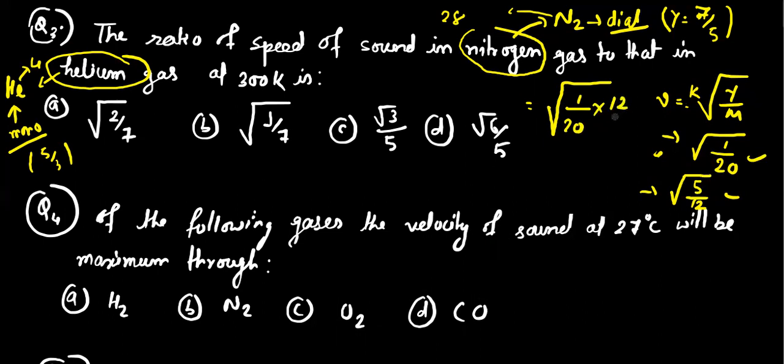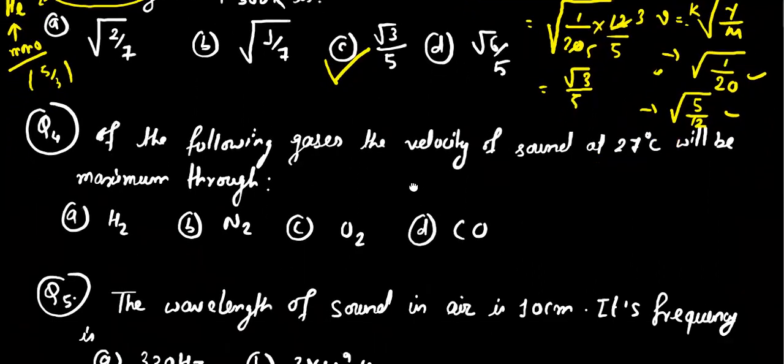So this will be 12 by 5, times 7 by 5... So the square root of 25 is 5, and here will be root 3. So the correct answer is option C. I think this is clear.